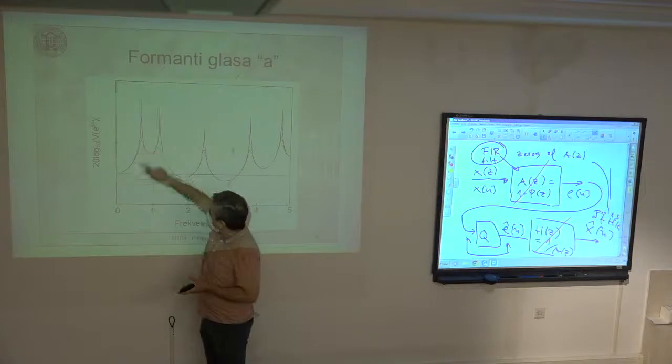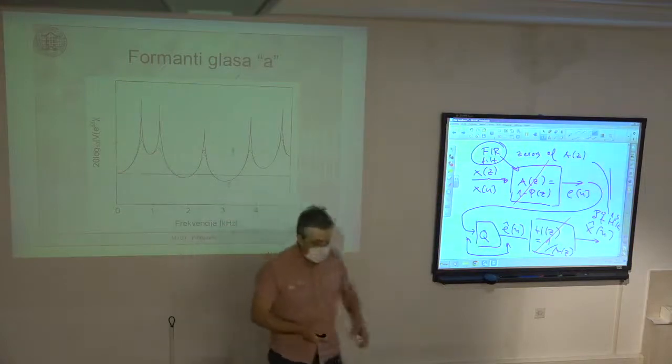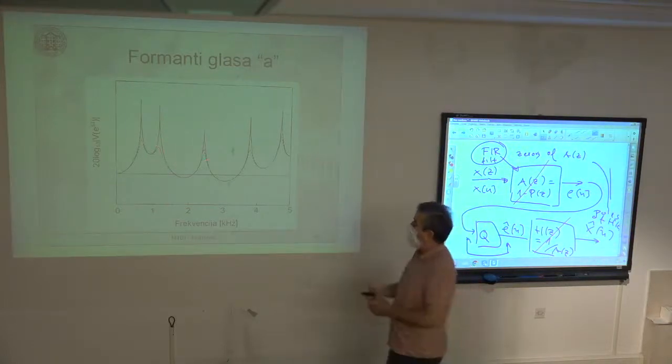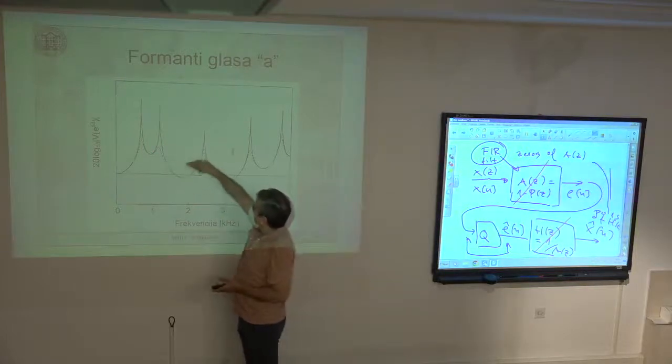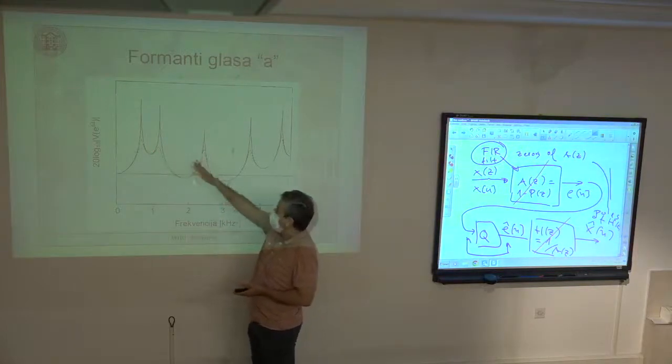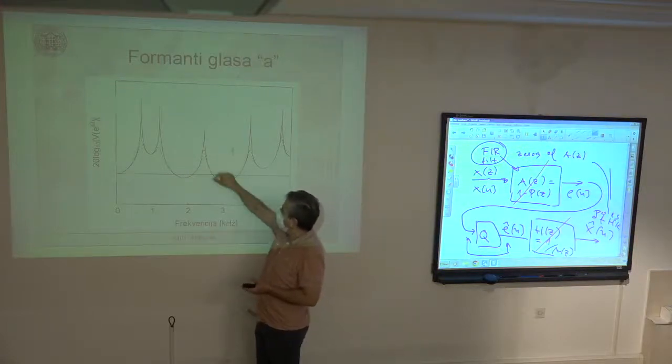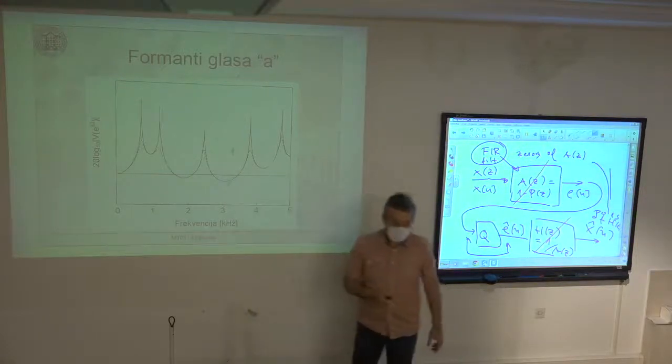So maybe the region around 800 hertz is amplified. The region around 1.2 kilohertz is also amplified. Then in this part of the spectrum, I have a lower gain, so it is much less present in the output signal. Then again, at 2.4 kilohertz, I again have some kind of amplification.